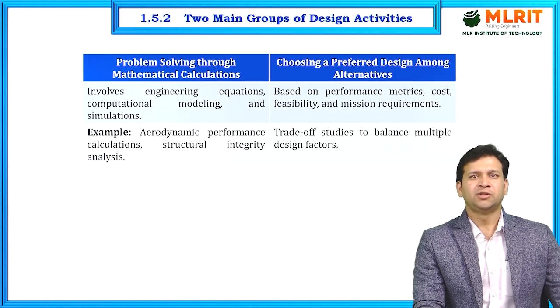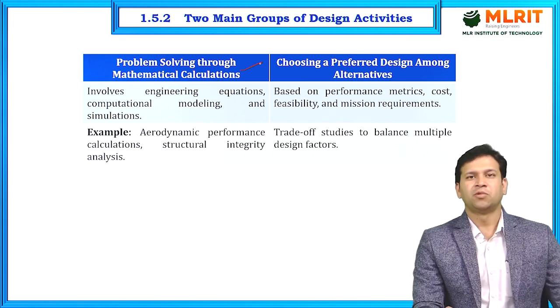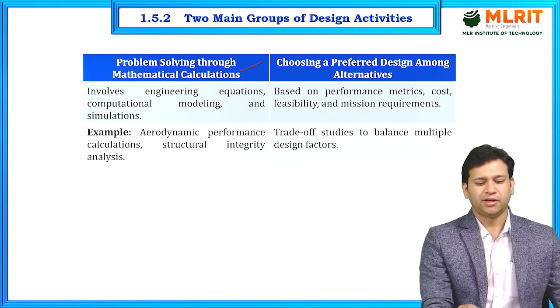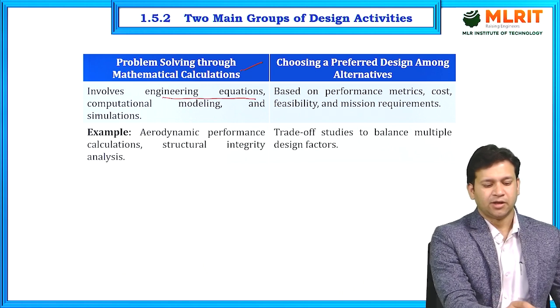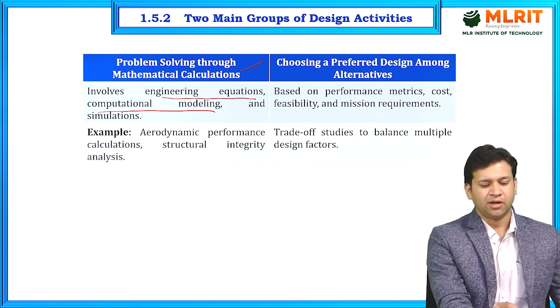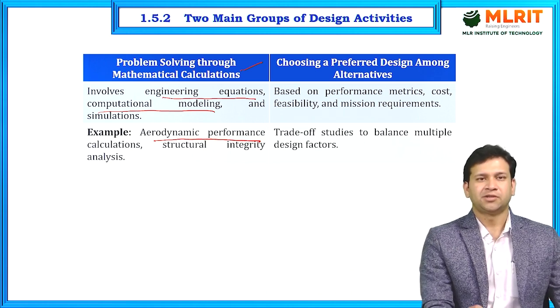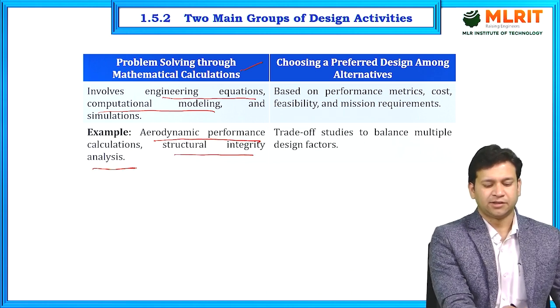There are basically two main groups of design activities. The first one is problem solving through mathematical calculation, which involves engineering equations, computational modelings, and simulations. For example, estimating the aerodynamic performance, calculating structural integrity, and analyzing it.